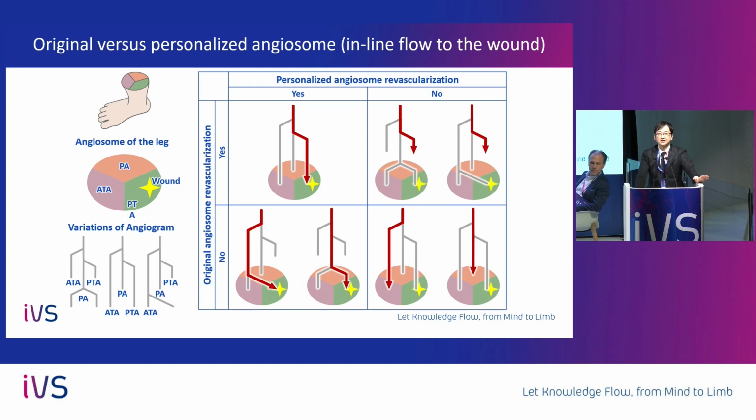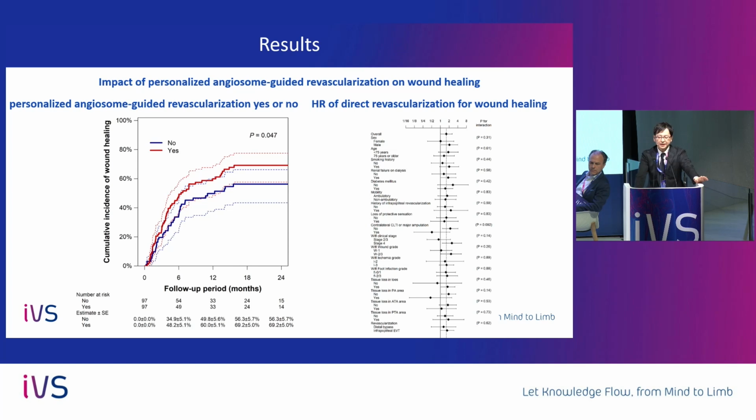As shown in this slide, personalized angiosome revascularization consisted of direct revascularization and indirect revascularization with good collateral flow. The impact of personalized angiosome direct revascularization on healing was evaluated in the post-hoc analysis. As shown in this slide, personalized angiosome-guided revascularization had a better wound healing rate.